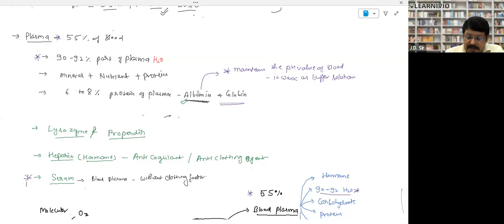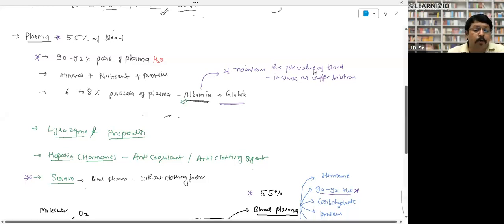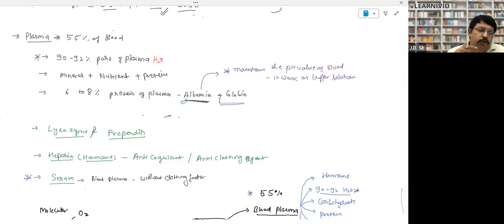It is albumin and globin protein. It is written over here. It is albumin and globin protein. Full stop.